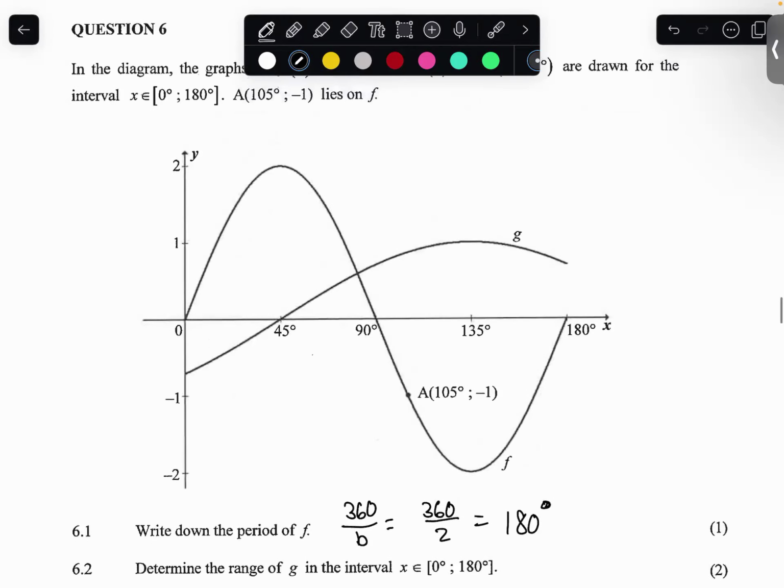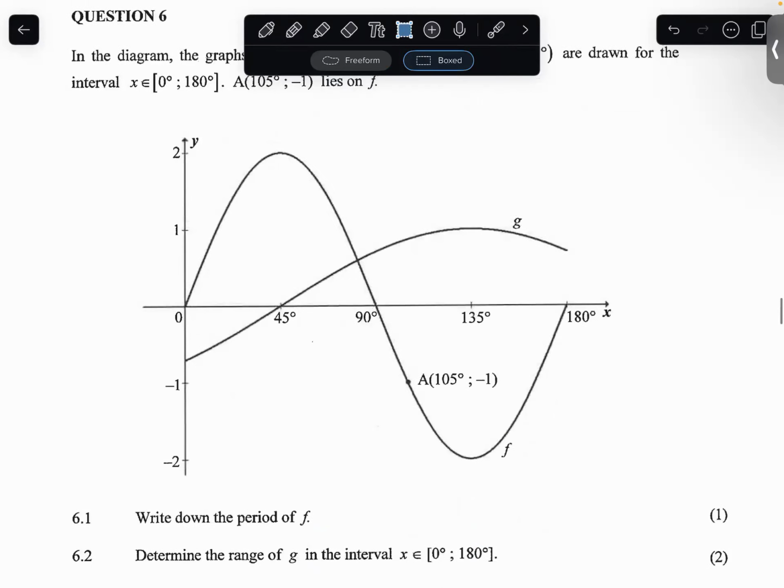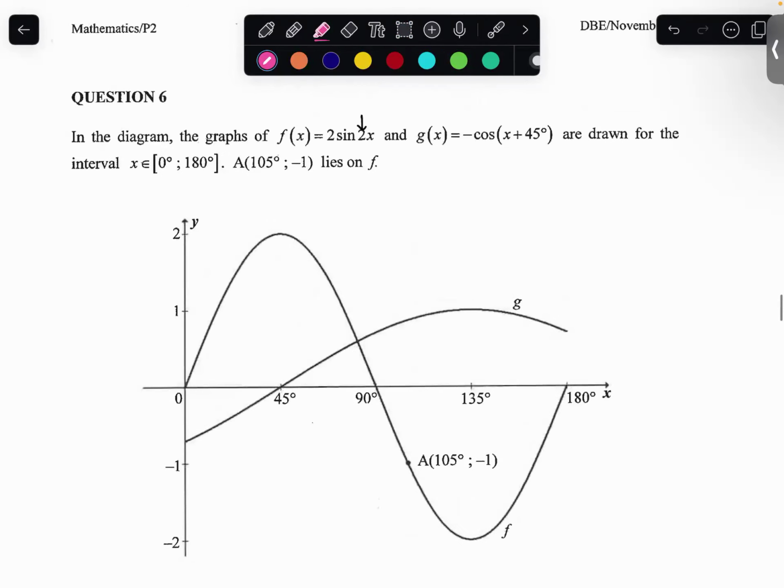Determine the range of g within the interval between 0 to 180. So the highest to the lowest point that g reaches within this interval. The highest point it's going to reach is whatever g's amplitude is, and g's amplitude is 1. So the highest point it reaches is 1, but the lowest point it reaches is not -1.